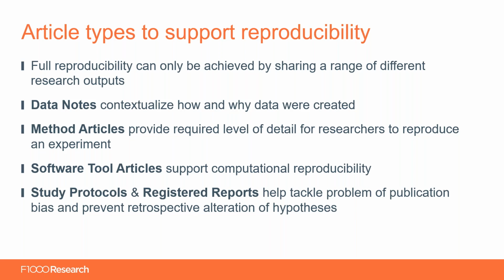We don't quite have time to cover study protocols and registered reports fully today, but as mentioned before, please do have a look at F1000 Research for some really great examples of these articles in action. We'll now give you a few specific examples of how data notes, method articles, and software tools which have been published on F1000 Research are really helping to support reproducibility.